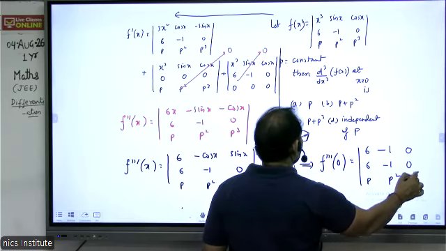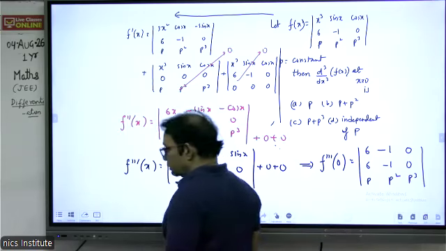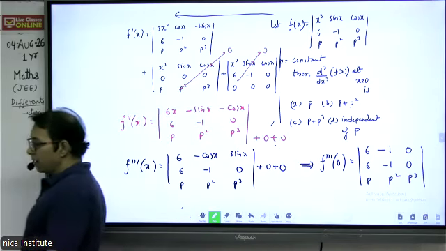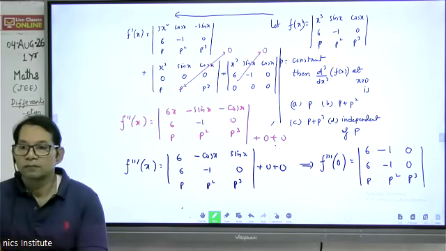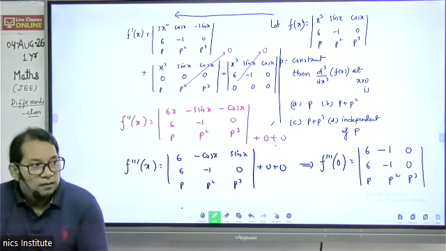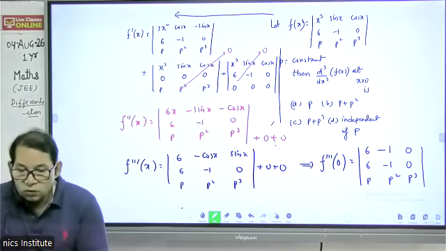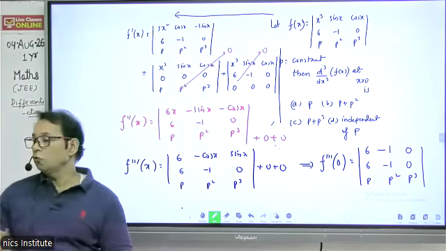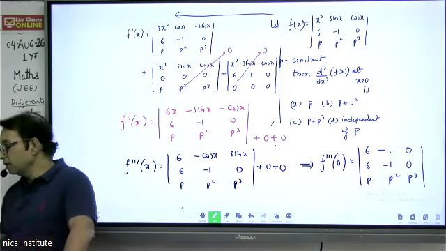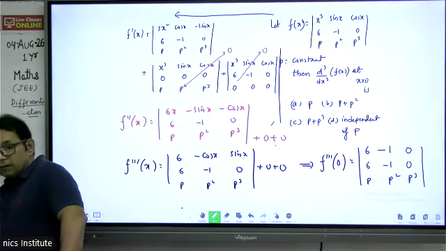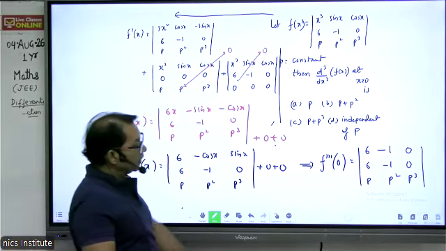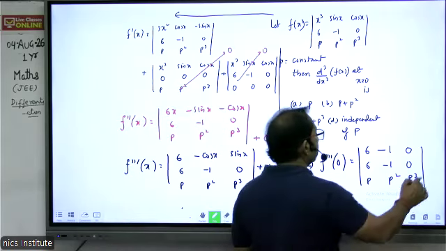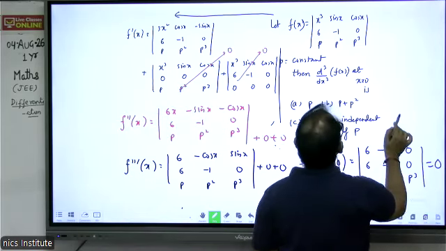There's a property that if two rows or two columns are identical or proportional, the value of the determinant is always 0. So the first and the second row both are identical. It is 0. The answer is independent of p.